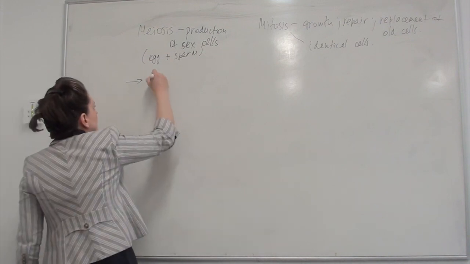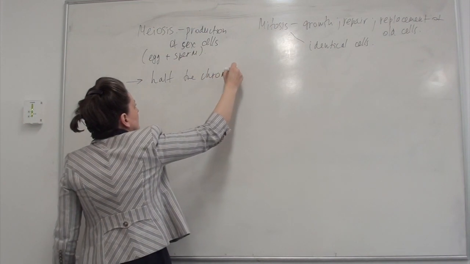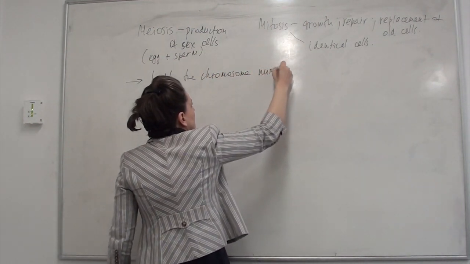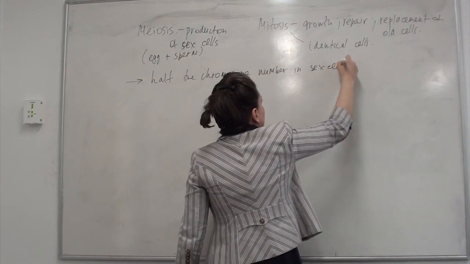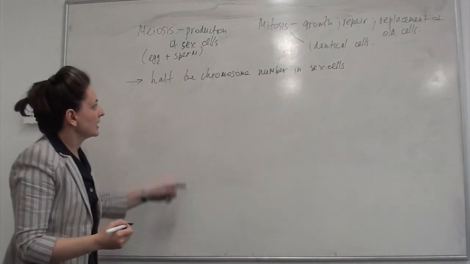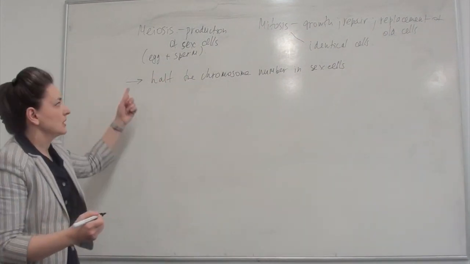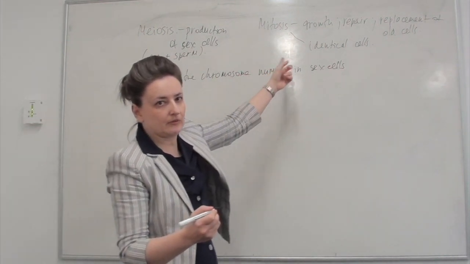So half the chromosome number in sex cells. Now, what I haven't written here, because I'm a bit lazy, but you could write it if you wanted to. These are the differences between sex cells and all the other cells in your body.